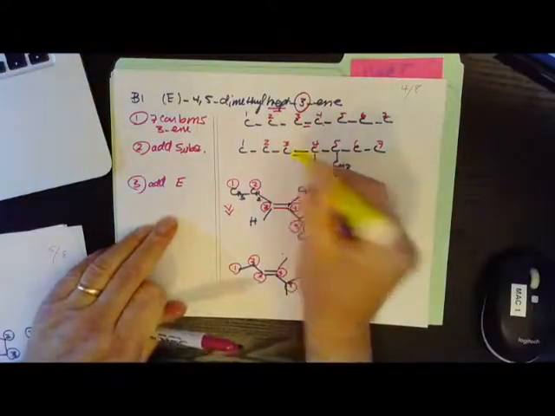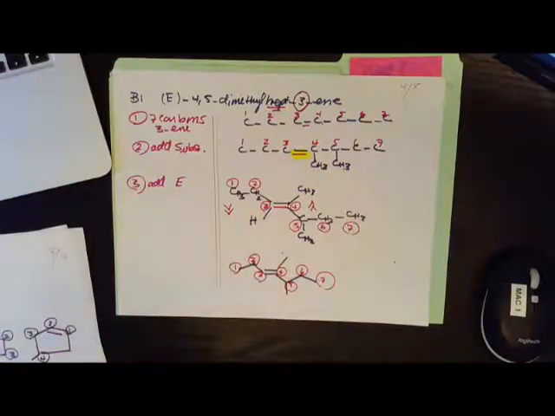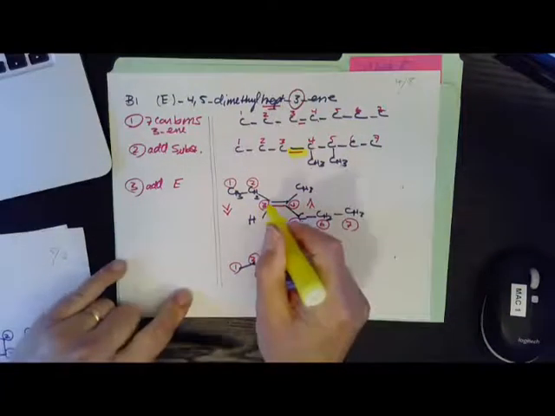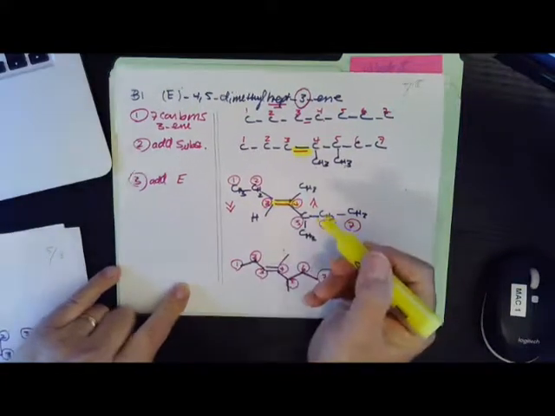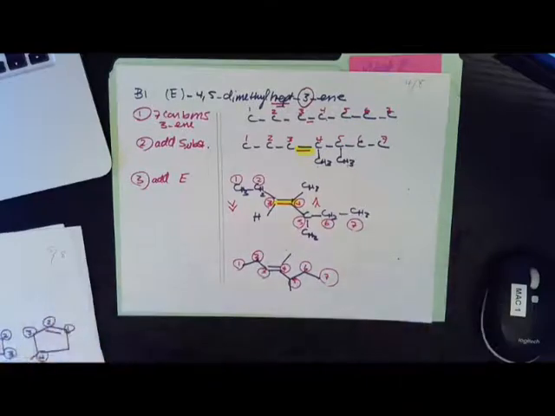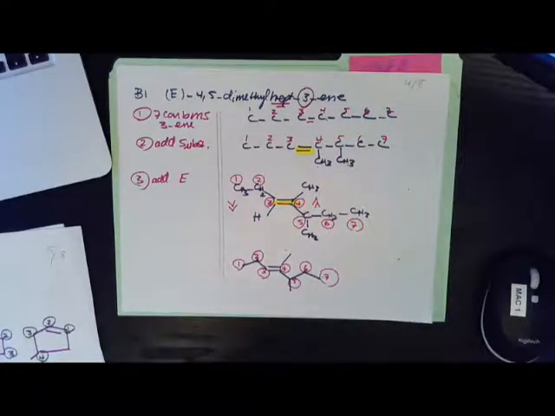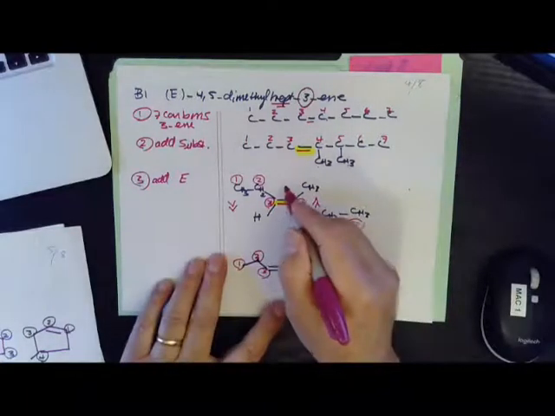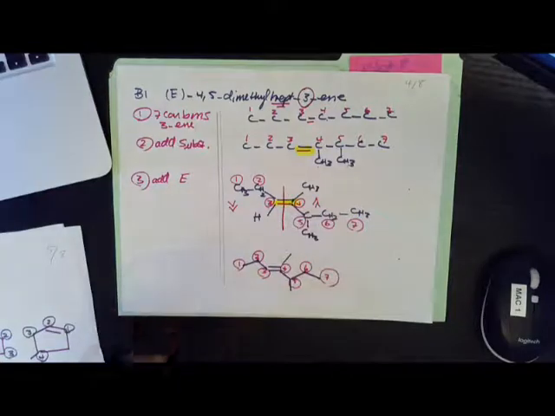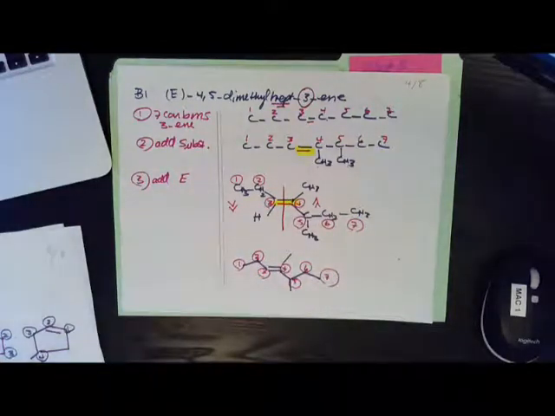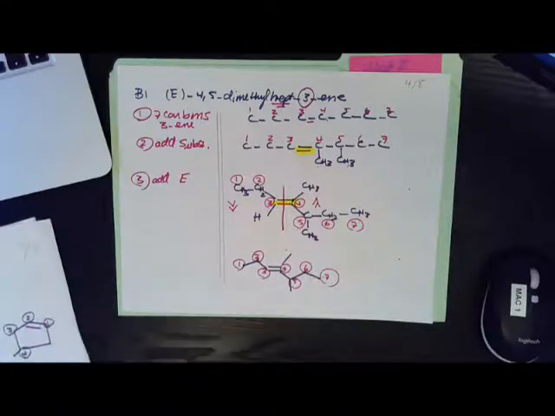So again, I look at the double bond, and we realize that carbon number 3 and carbon number 4 are the ones that make this molecule E or Z. So my suggestion is always draw a line between the double bond and only work on one side of the molecule, not both at the same time, till you feel comfortable.